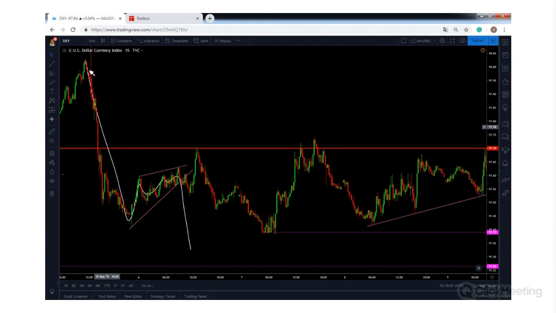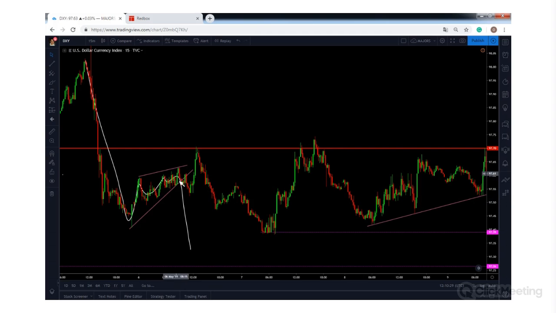If you see the white lines on my chart, that was the predicted move we were expecting, because of the big bear move on the US dollar on Friday, and then on Monday, this kind of pullback inside this purple wedge.